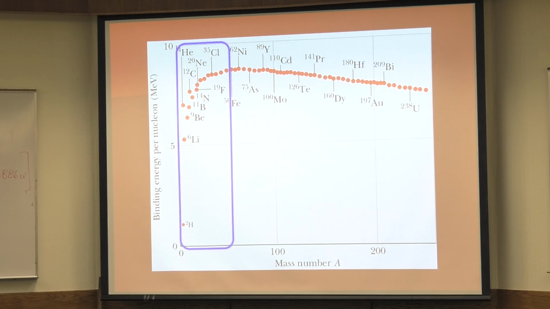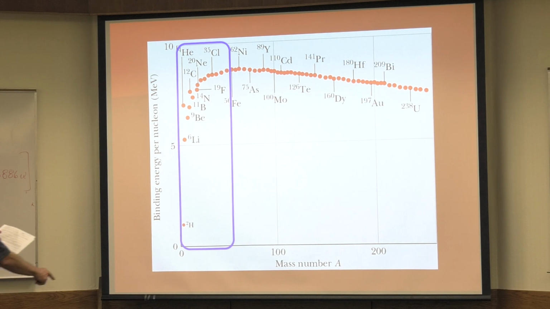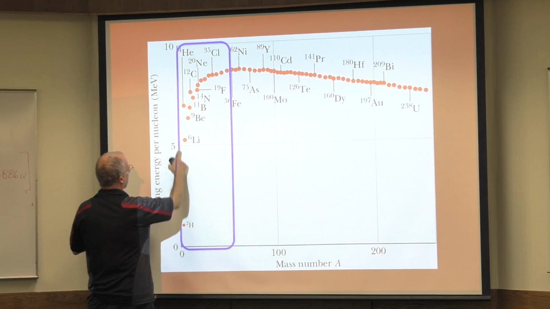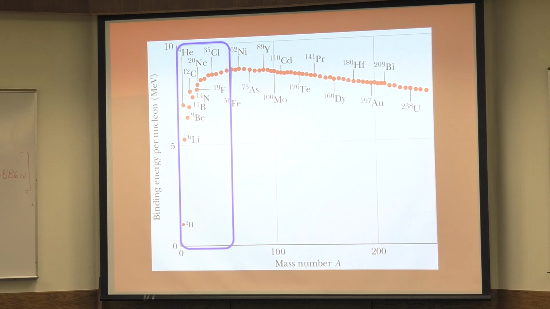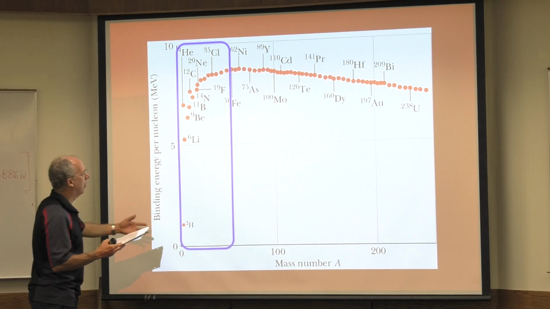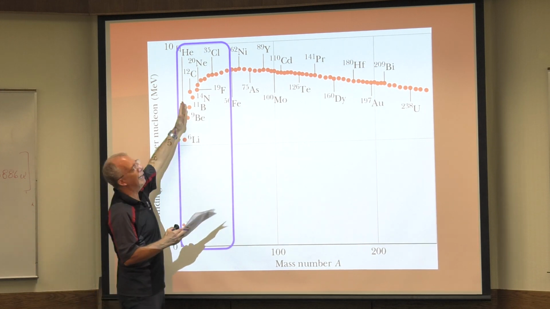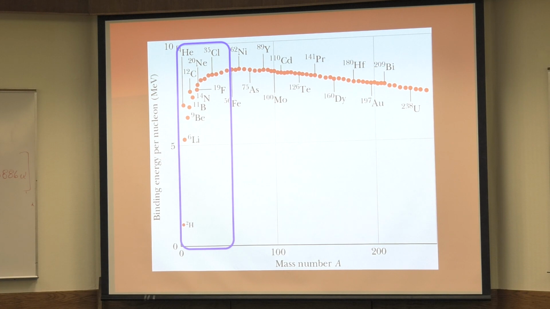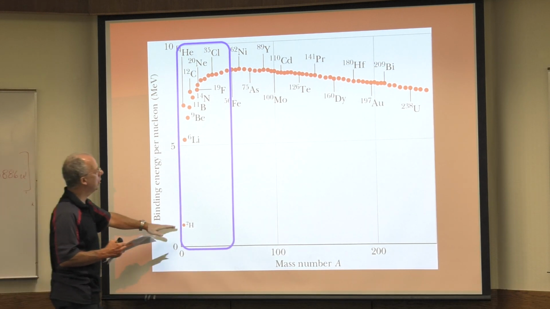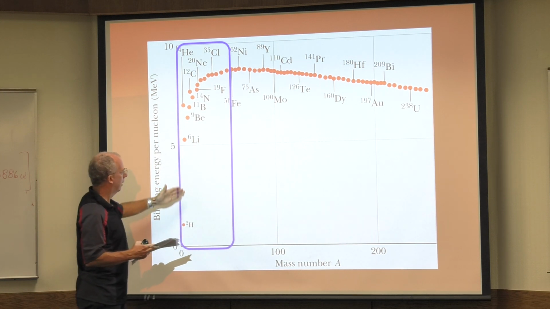All right. Now look at these: hydrogen-2 and lithium-6 and beryllium and all that, boron. If they want to get more and more stable, they want to move up the graph. What do they have to do to get up there?